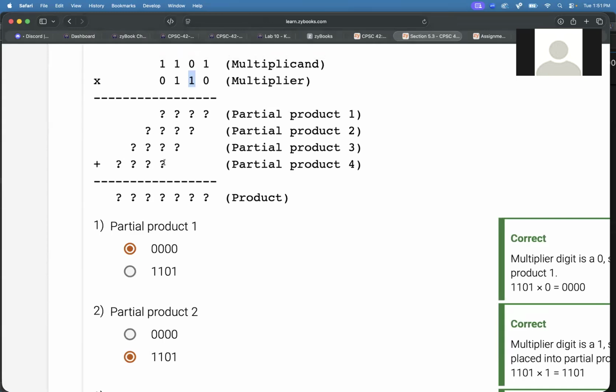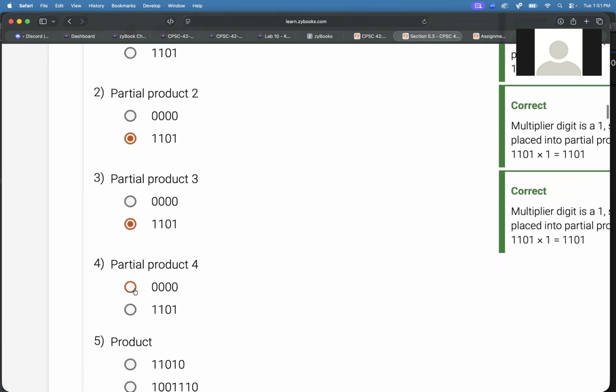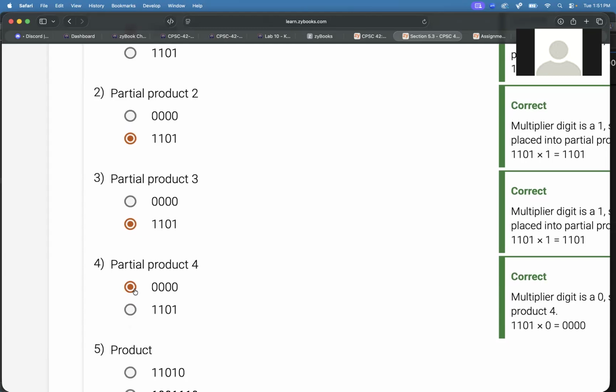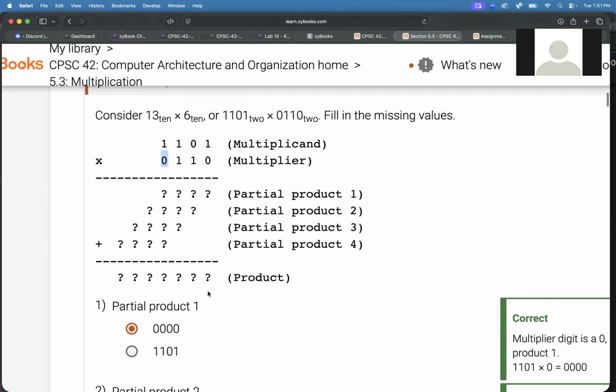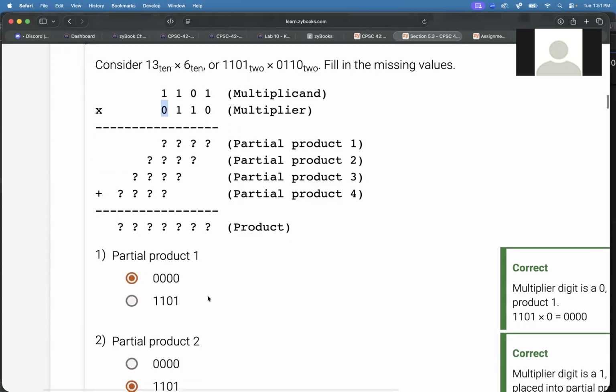So when you get to the fourth one, it'll be 1101 times 0, which is just going to be all zeros, right? And then to get the answer, you have to just add these rows.